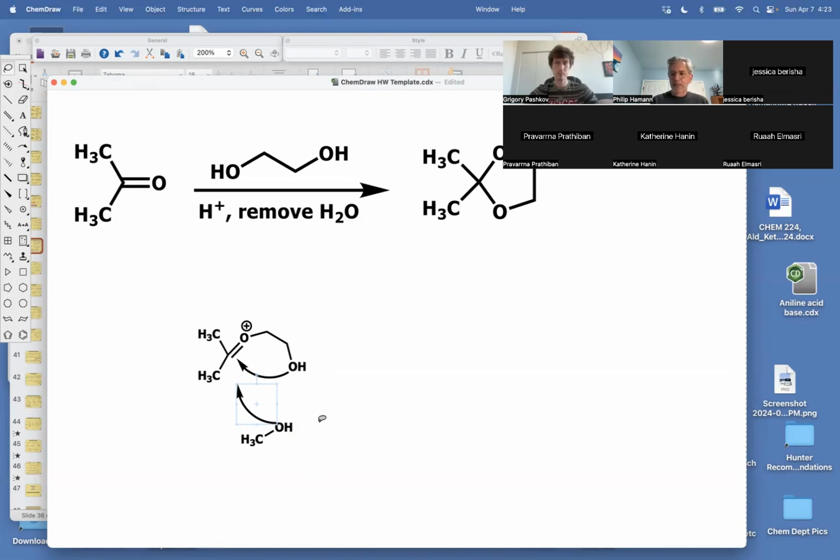Who's got the advantage in making that ring? With intramolecular, you lose less entropy. It's got a better chance of making the ring. That's kind of the thinking you need to have. Okay, so hopefully that helps you think about it.